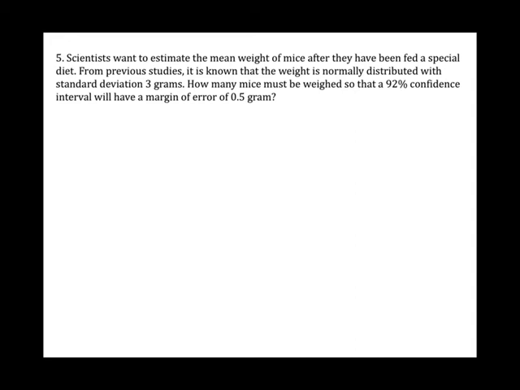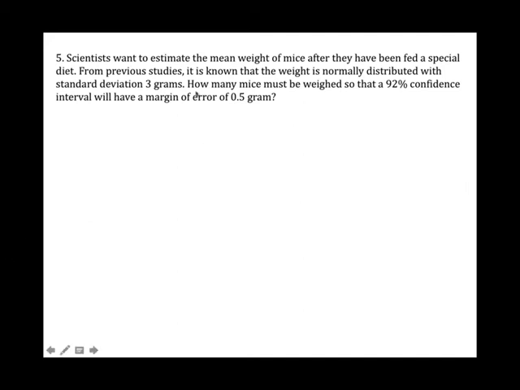Scientists want to estimate the mean weight of mice after they have been fed a special diet. From previous studies, it is known that the weight is normally distributed with a standard deviation of 3 grams. How many mice must be weighed so that a 92% confidence interval will have a margin of error of 0.5 gram here?